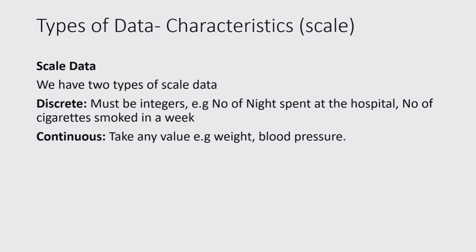All these are examples of discrete data. Continuous data are data that take any value. It can be whole numbers or with decimals, like weight can be 50.2. Any value at all can be continuous data, but discrete must be a whole number.